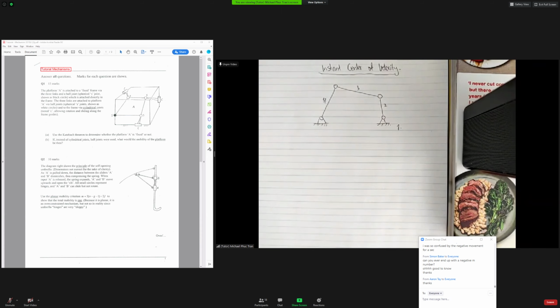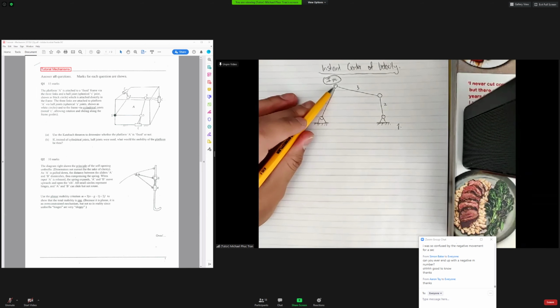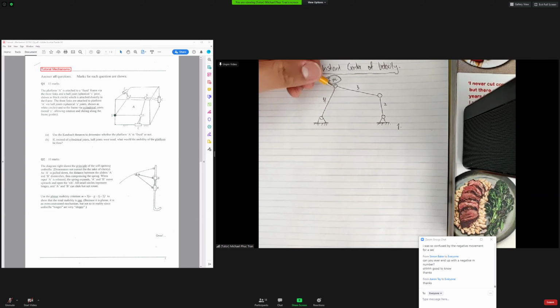And what instant center of velocity is simply, so if we have bodies 3 and 4, at this instant center, there is a constant velocity between the two. So at this point, there's a velocity that's constant between 4 and 3 that's shared.